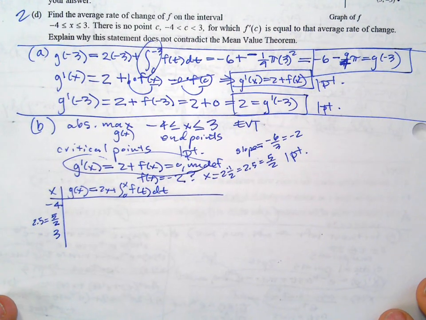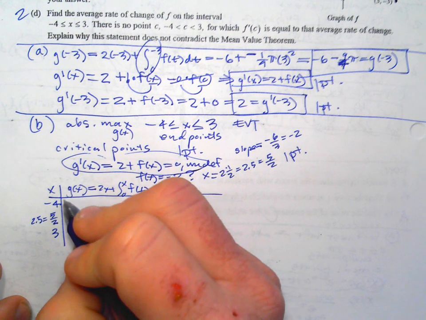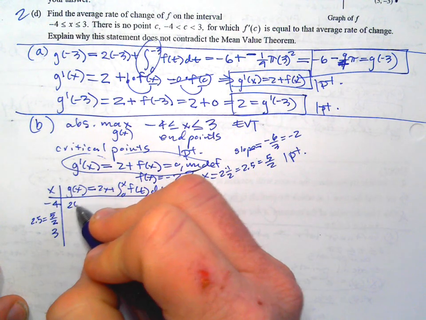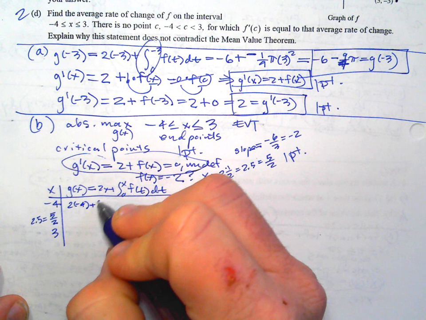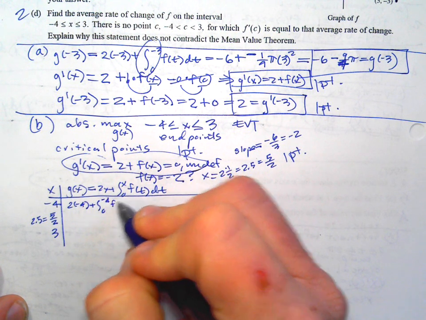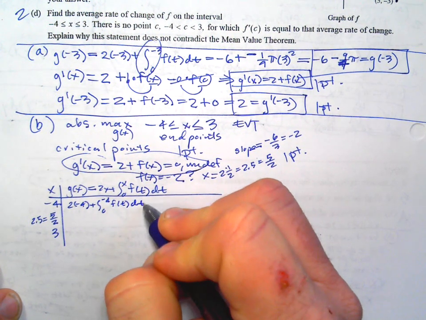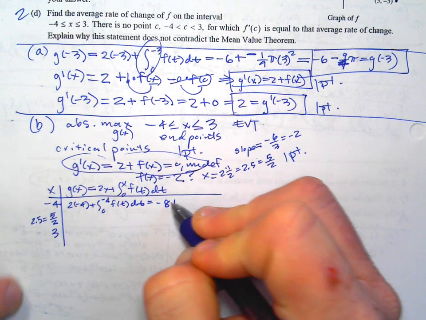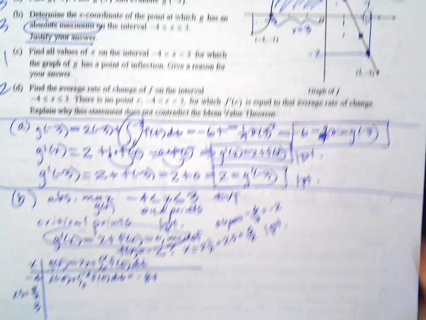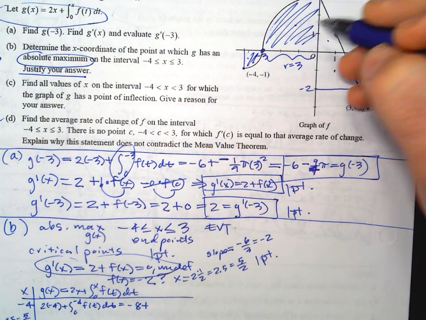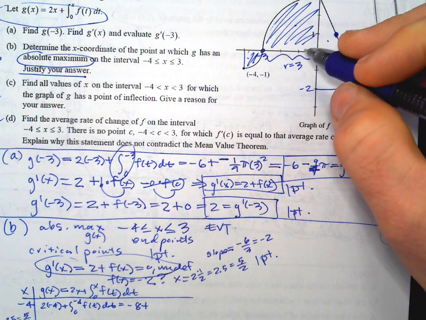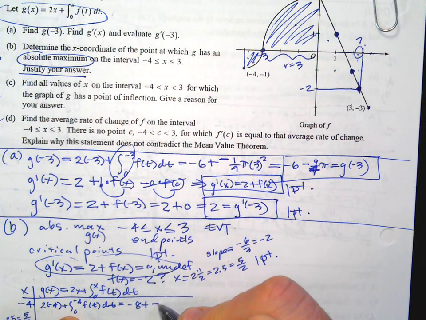Now, we're going to plug -4 into this. So we're going to get 2 times -4 plus the integral of 0 to -4 of f of t dt. So that's going to be -8 plus. Now, the integral from -4 to 0 is both of these added together, but we are going backwards. So it's going to be negative.